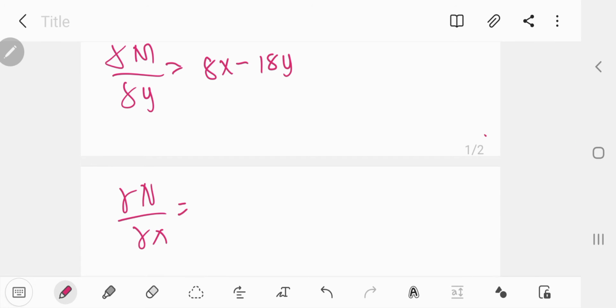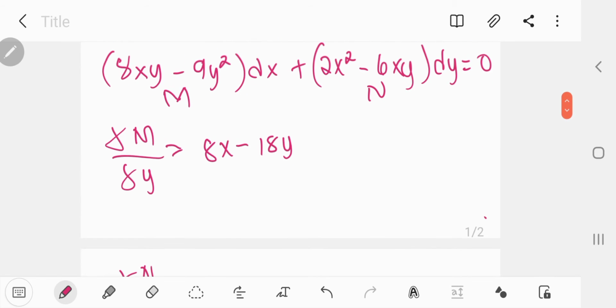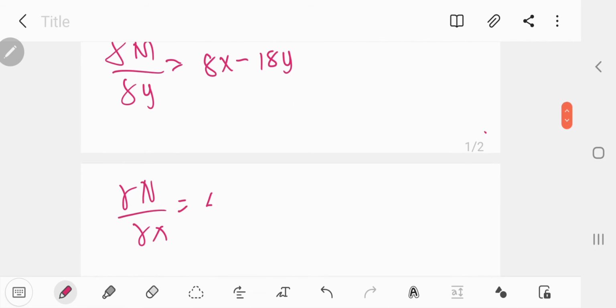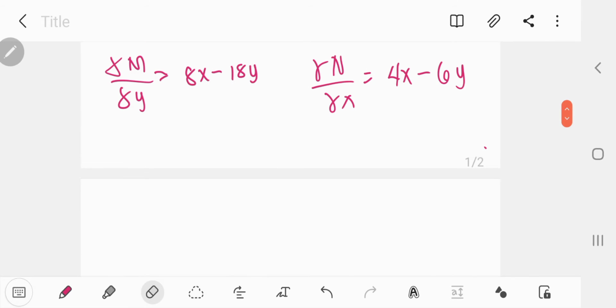Let us consider every y as constant. So we have 4x minus 6y. As we notice, the partial derivative of M with respect to y is not equal to the partial derivative of N with respect to x. So let us have the next step.